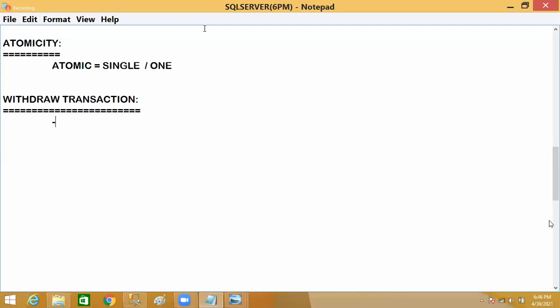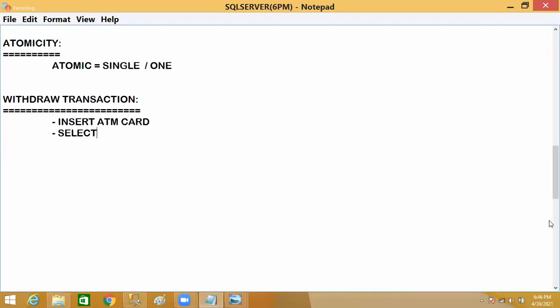Yes, performing some operations. What are our operations? Let's see. The first operation is to insert the ATM card.